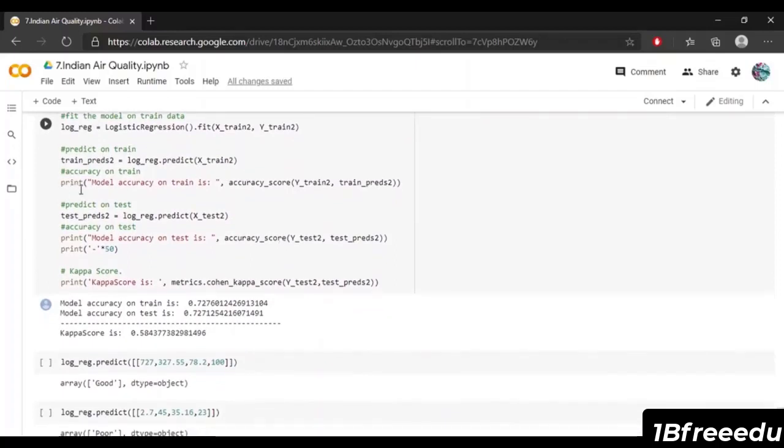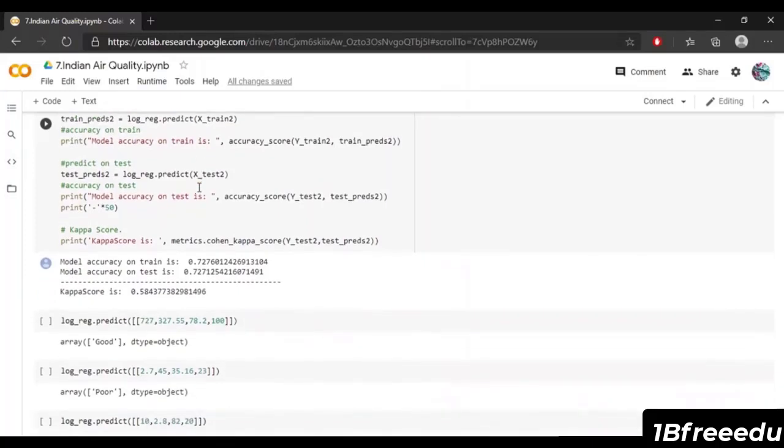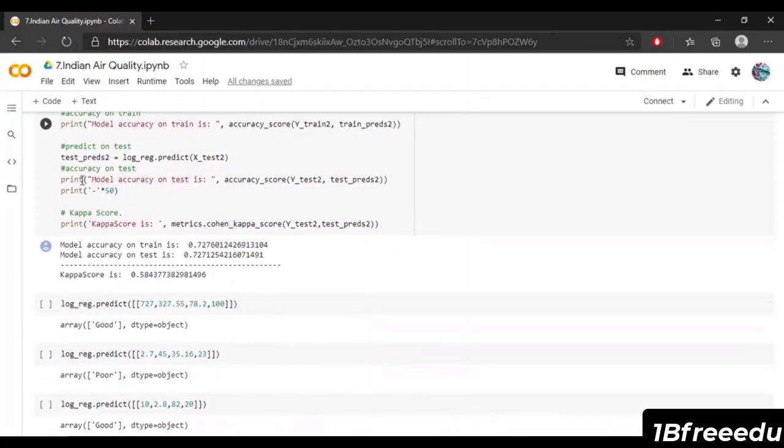We have given the print command, which will display the model accuracy on train. A similar thing has been done on xtest 2, and the print command will display the model accuracy on test.